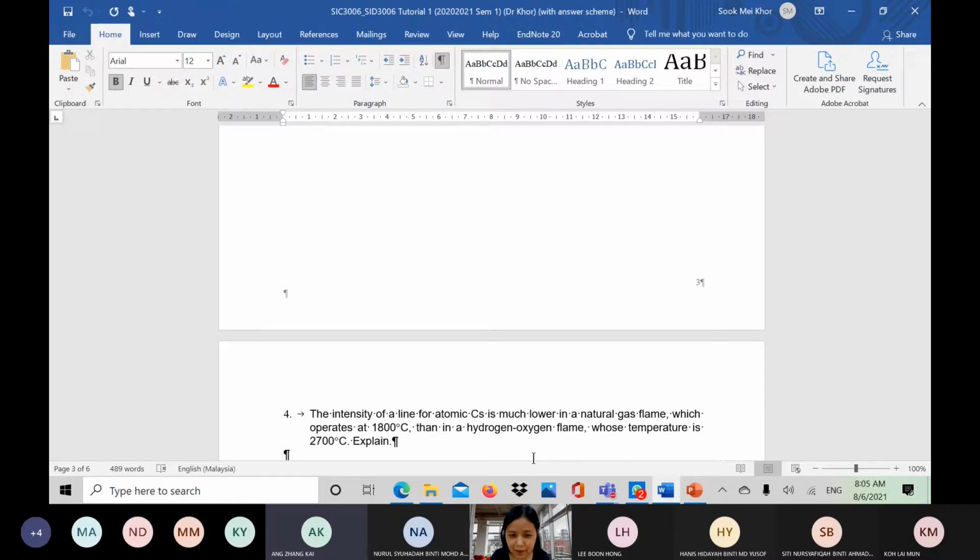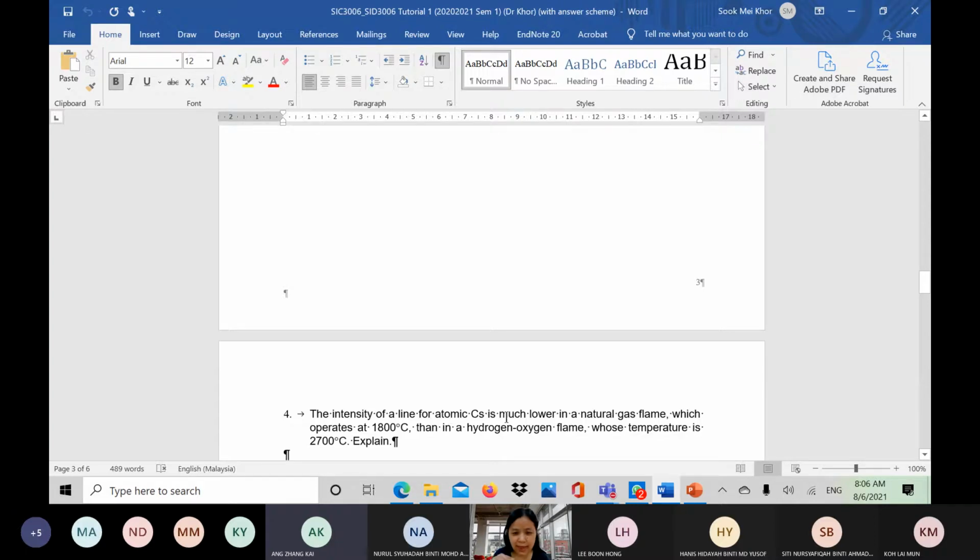Intensity of the line. Yes, good answer. Because this is intensity of line. What type of intensity is this? Is it an absorption intensity or emission intensity? Emission. Emission intensity. So the keyword here is the comparison between temperature, right?